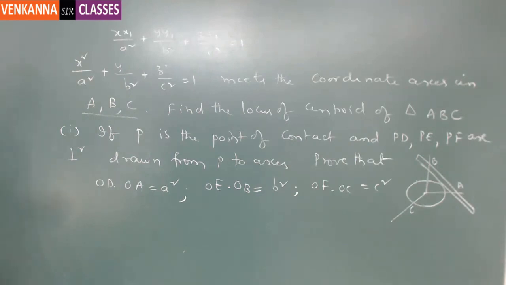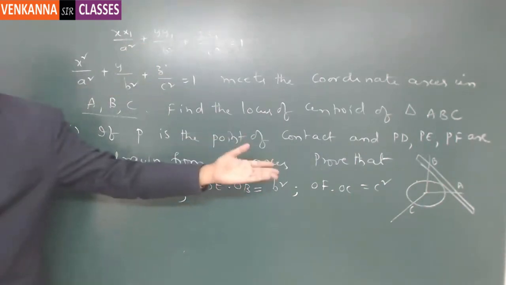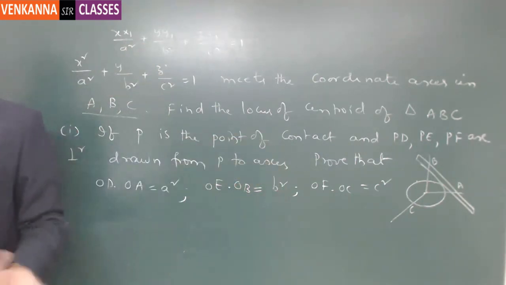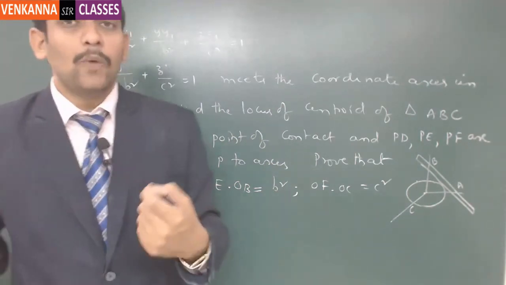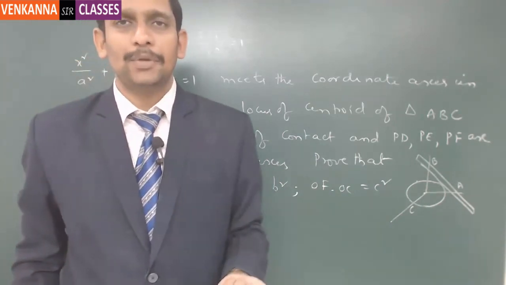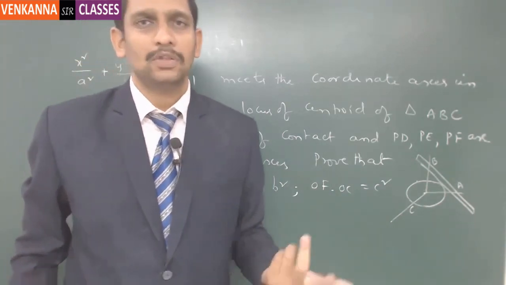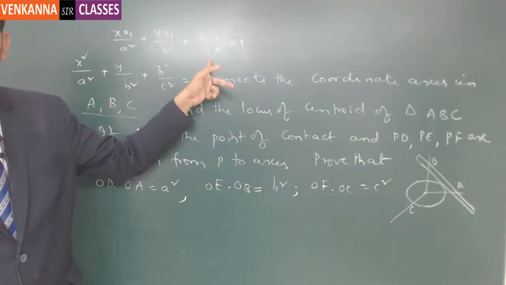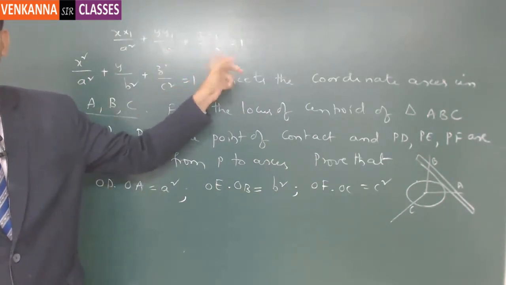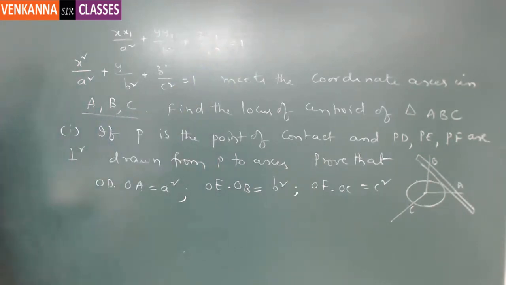Now, as and when it meets the coordinate axes, we will always get the intercepts, isn't it? Now, if you want to get the x-intercept, what you have to do? If you substitute y and z values as 0 in the plane equation, you will get the x-intercept. Accepted?